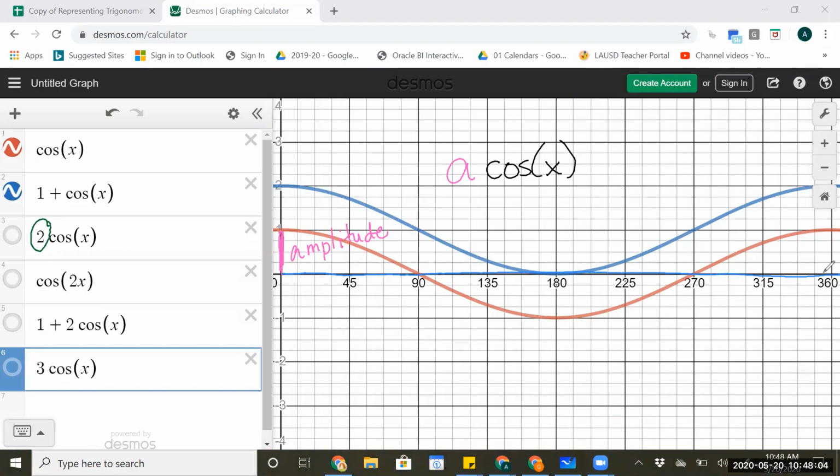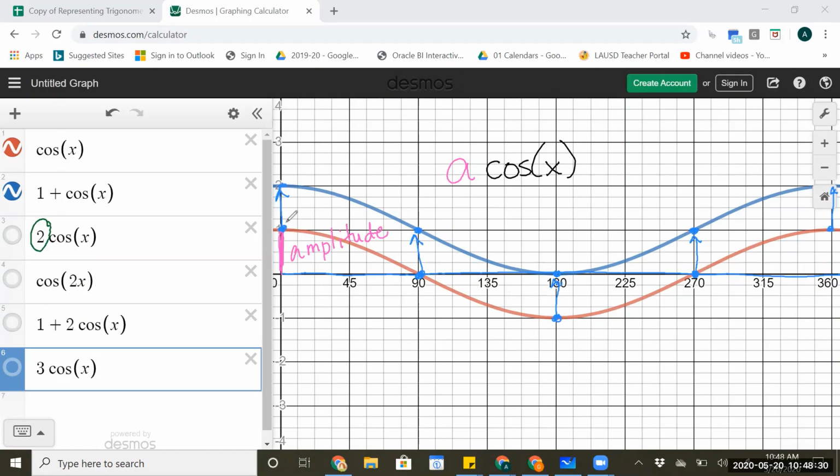I'm sure many realize that that's just our vertical translation. So when I'm looking at 1 plus cosine, I notice that all my points went up 1 unit, right? So here I am taking all these important points and they're traveling up 1 unit.